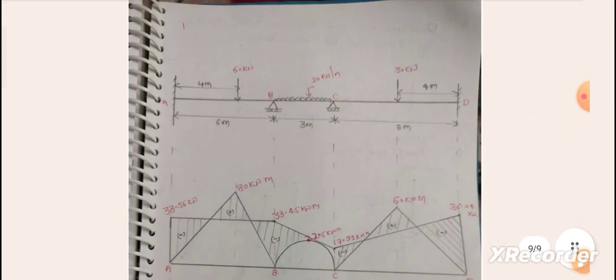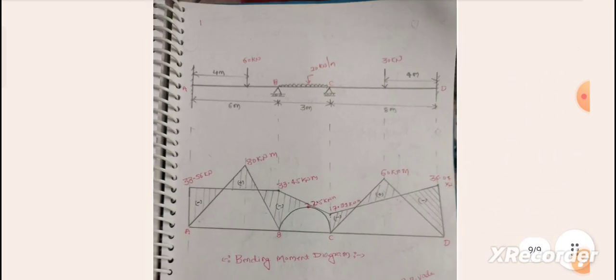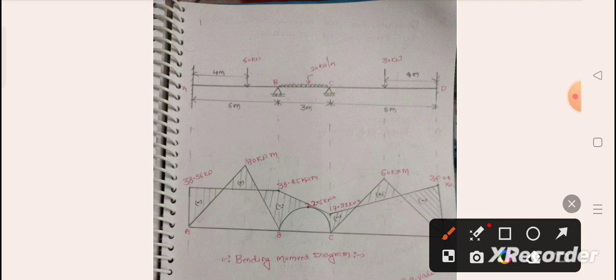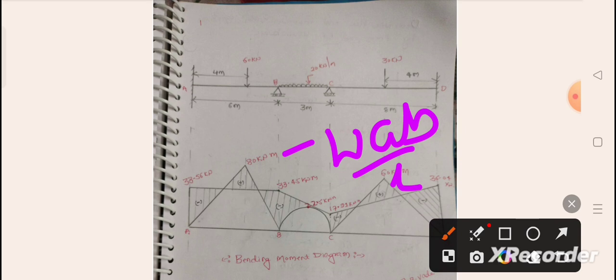So how will we draw the bending moment diagram? For this beam, what is the free bending moment diagram? How are we getting this? We are getting WAB by L. W is what? I am talking about the free beam.